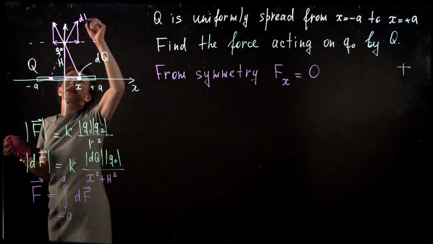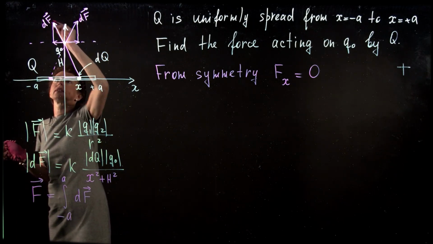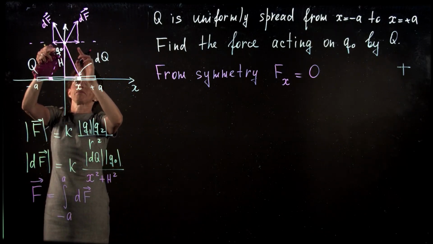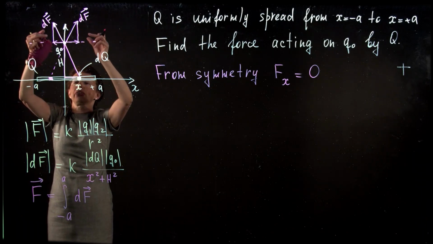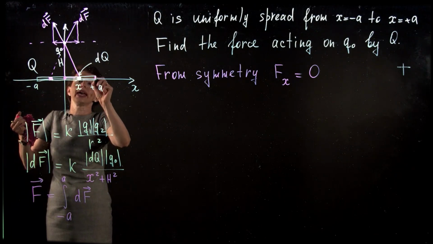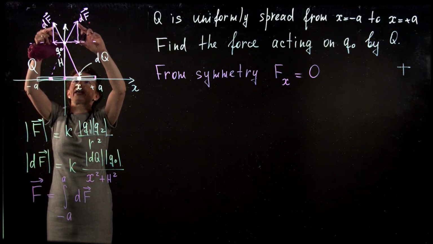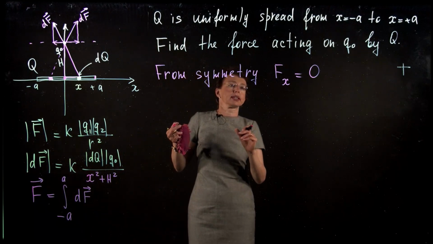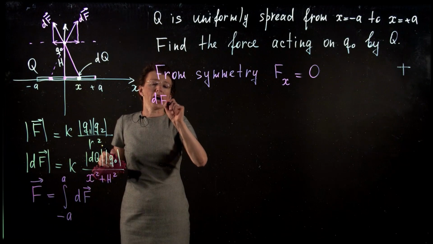So let's put df and df. The x components cancel each other. Now the y components, we just add them together. So basically we can integrate from 0 to a and then multiply it by 2, because from symmetry we see that y components will be added together. What we need to do now is write dfy.